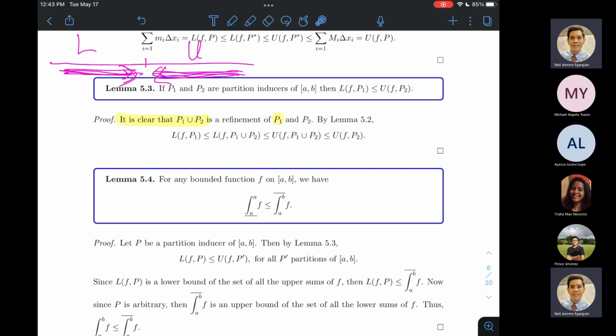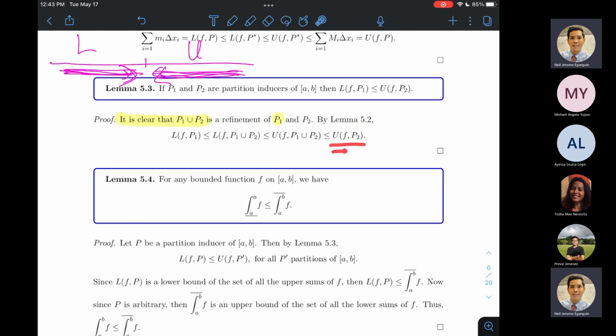So, what now? Well, remember kapag ni-refine natin ang isang partition, nakakakuha tayo ng isang mas malaking lower Riemann sum. And that's what we get here mula sa lemma 5.2, right? Yung lower sum ng isang partition ay mas maliit or equal sa lower sum ng isang refined partition. On the other hand, I'm going to use the fact that P1 union P2 is a refinement of P2.